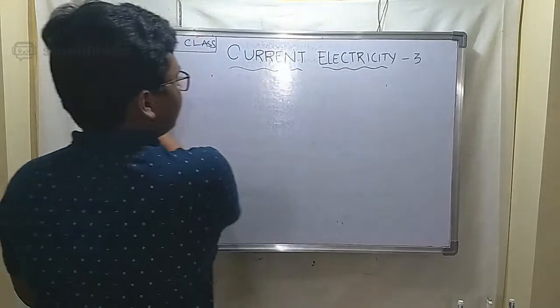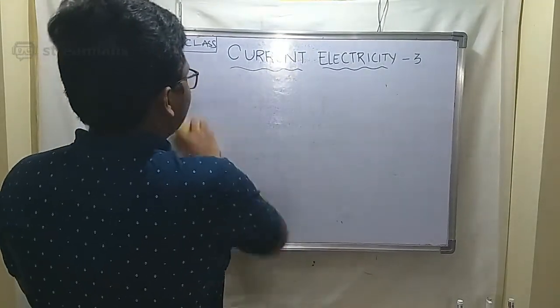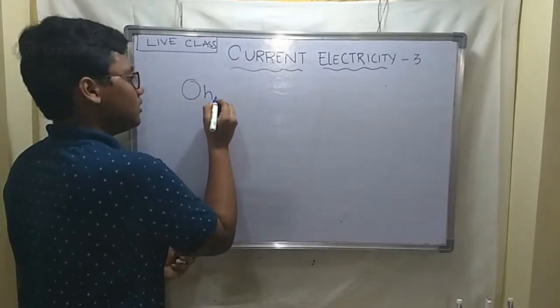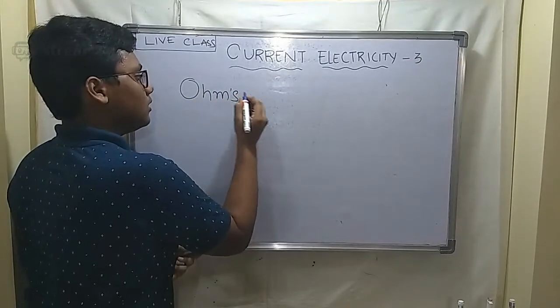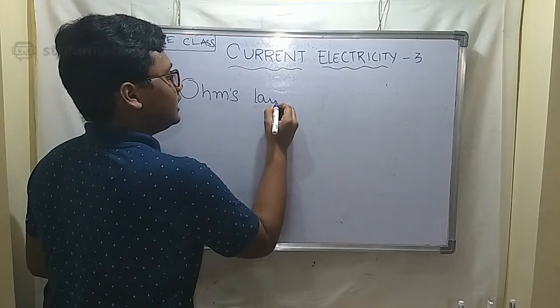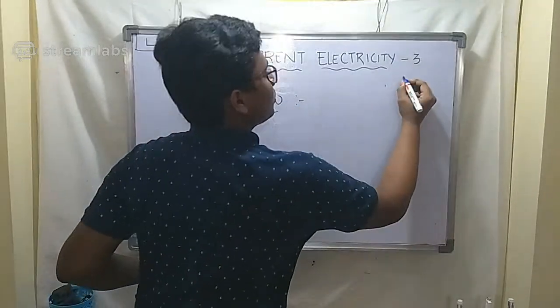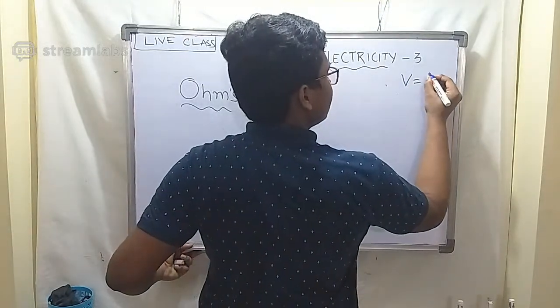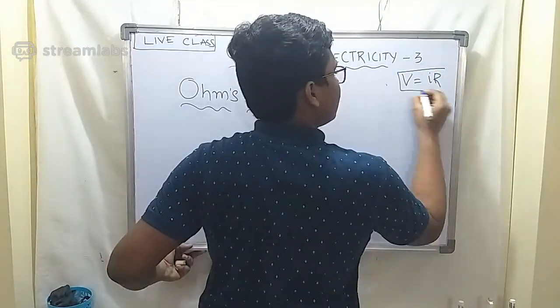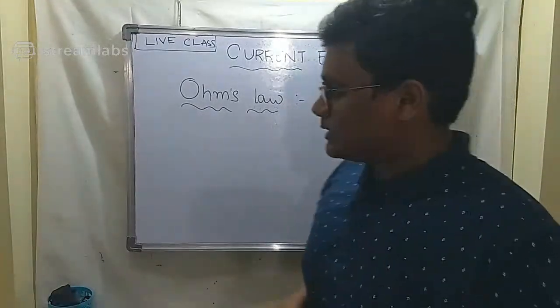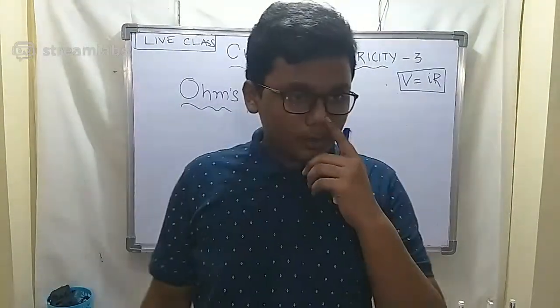Ohm's law. What is Ohm's law? We'll derive V is equal to IR as the result. Sorry, I forgot to say one thing.